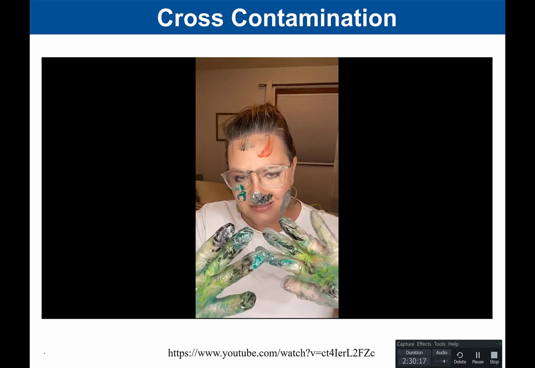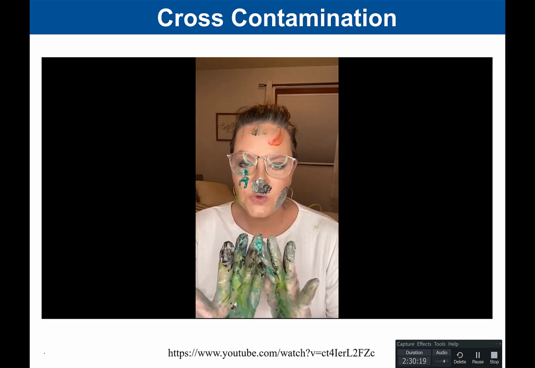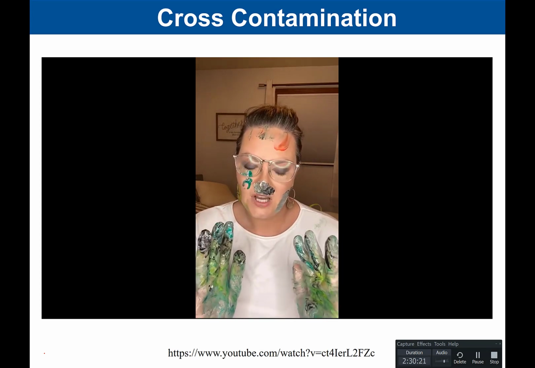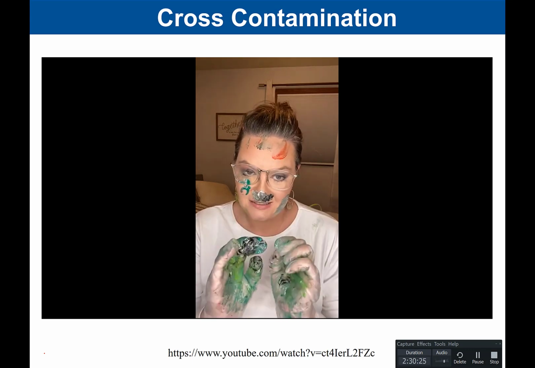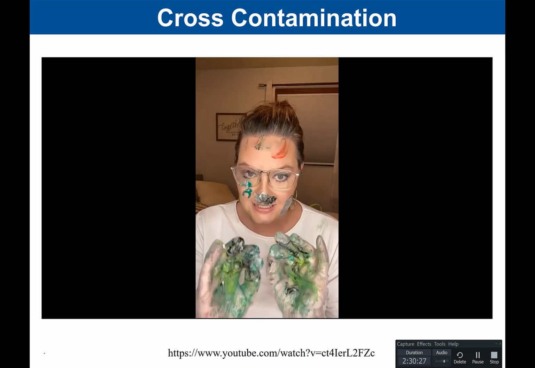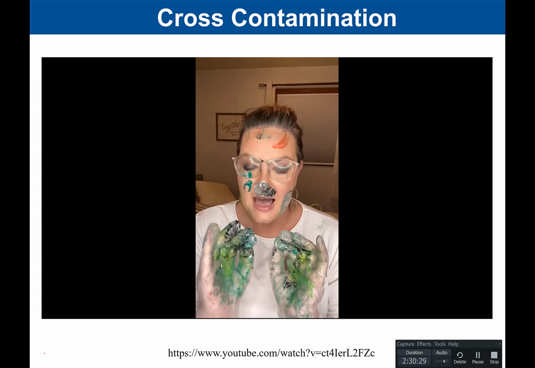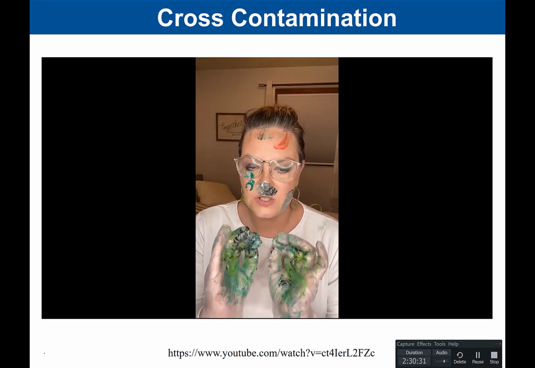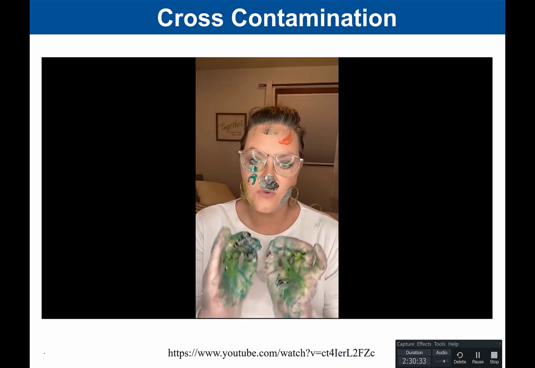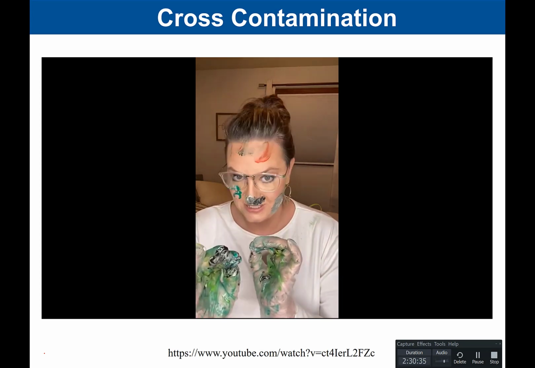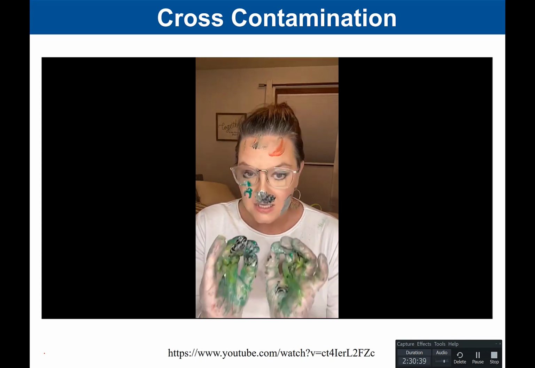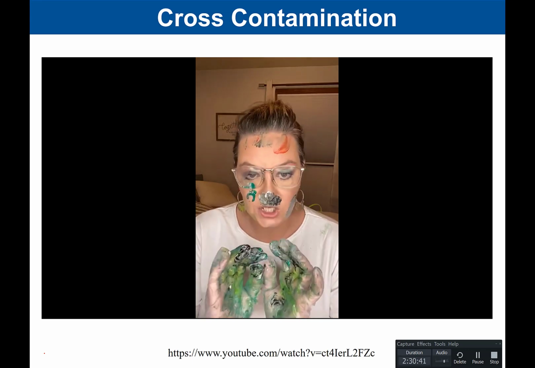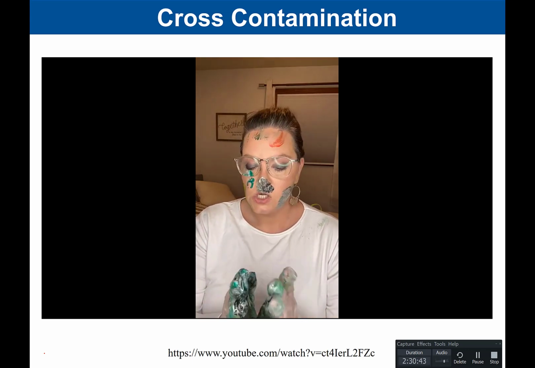This, everybody, is a visual representation of cross-contamination. This is what cross-contamination is, and this is literally as simply as the majority of bugs are spread from surface to surface and therefore from person to person. Okay? So, to glove or not to glove? Are gloves bad?